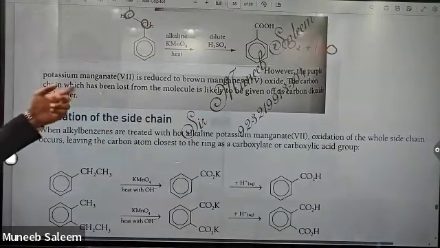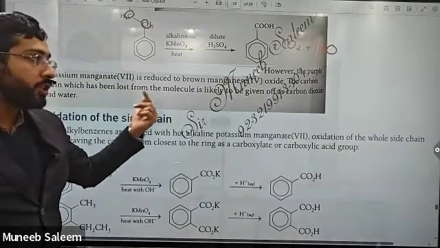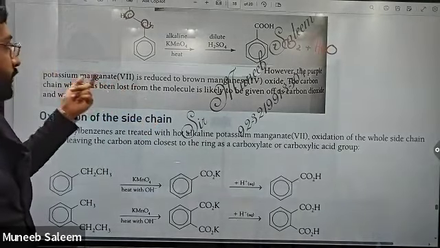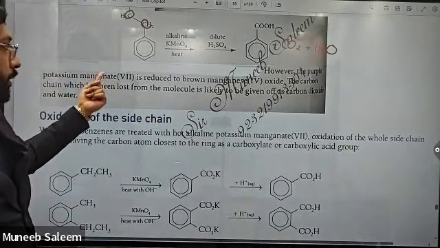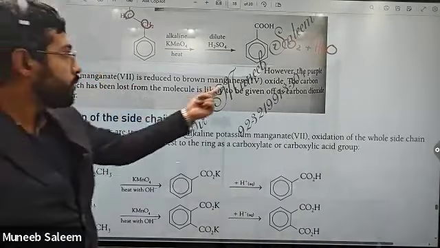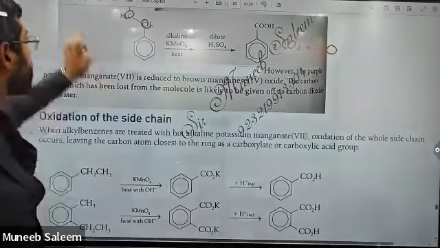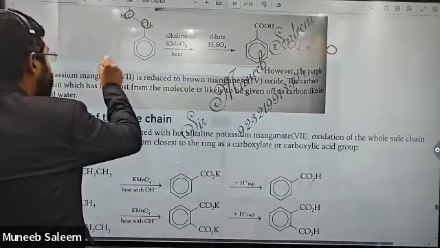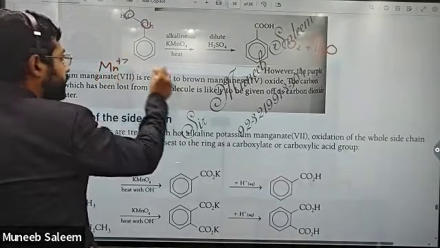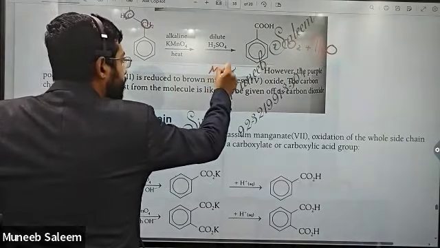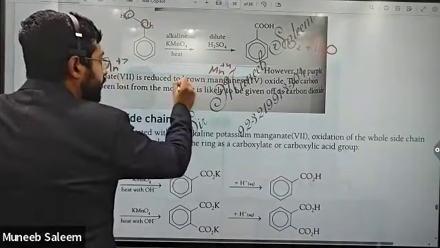And in this reaction, there is a change in the color. The color change is from Mn plus 7 to Mn plus 4, and the color is brown.